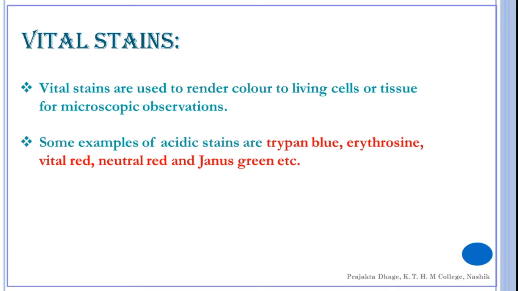Microorganisms such as protozoans may be fully immersed in a vital stain for microscopic observation. Some examples of vital stains are trypan blue, erythrosine, vital red, neutral red, and Janus green.